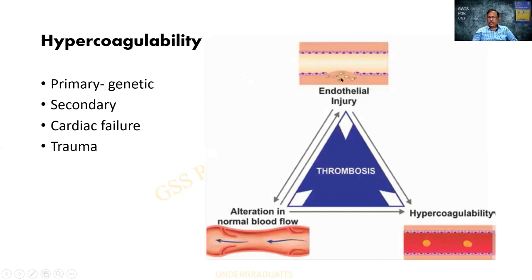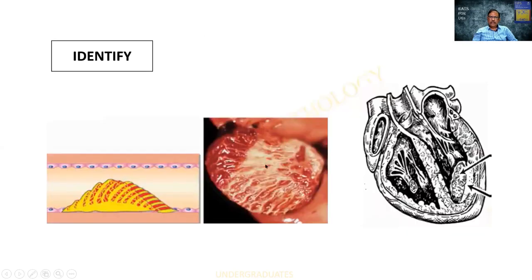And this is a triad over here: endothelial injury, alteration in the blood flow, and hypercoagulability within the blood. So simple diagrams, easier for us to remember. This is called a mural thrombus. I am finding dark red lines and pale yellow lines. So there are red lines and pale white lines.